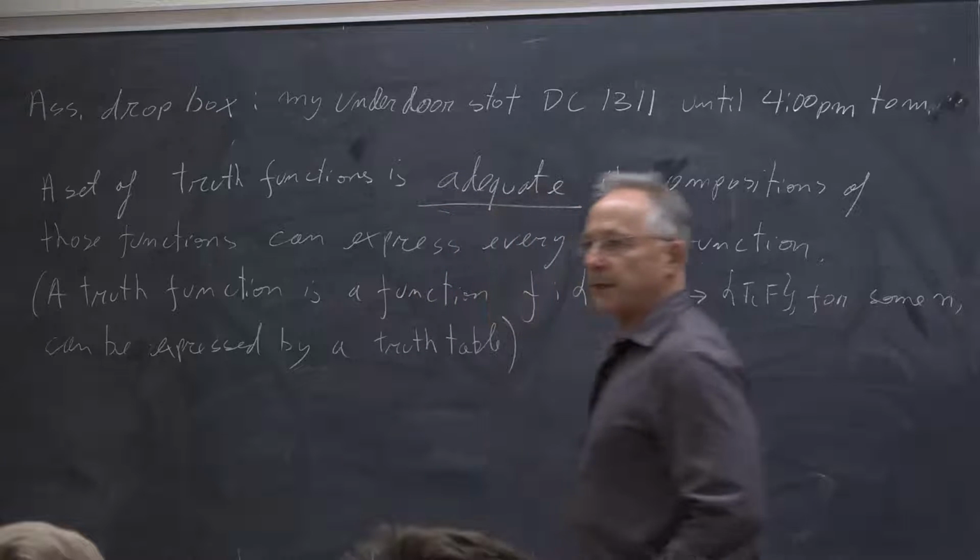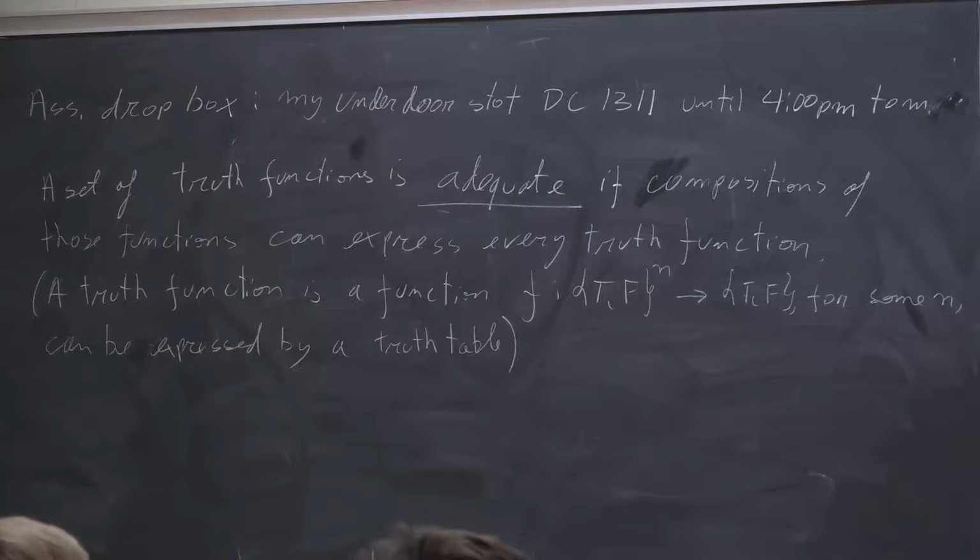So we can think of them as truth tables. A truth function is a truth table over n variables.